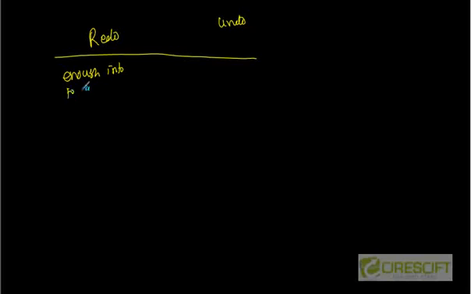So now the comparison between redo and undo. What does redo contain? Redo contains enough information to do the transaction again. Undo contains enough information to revert the transaction.